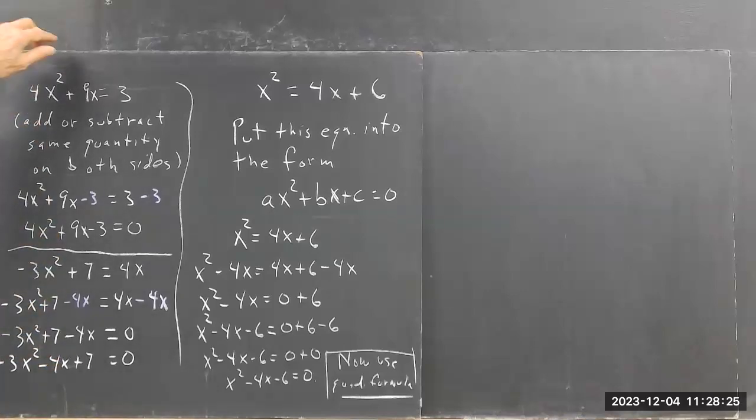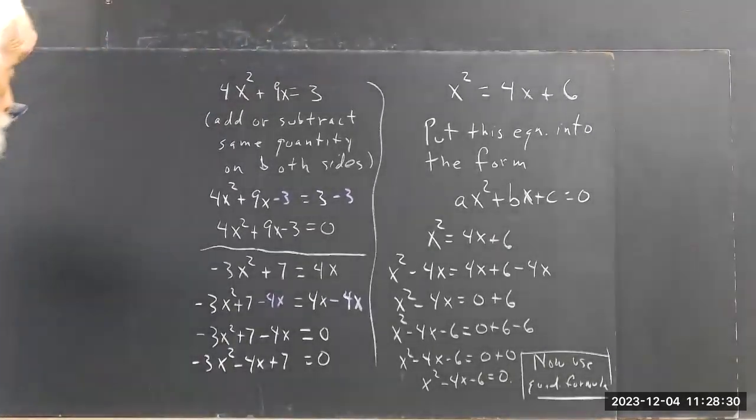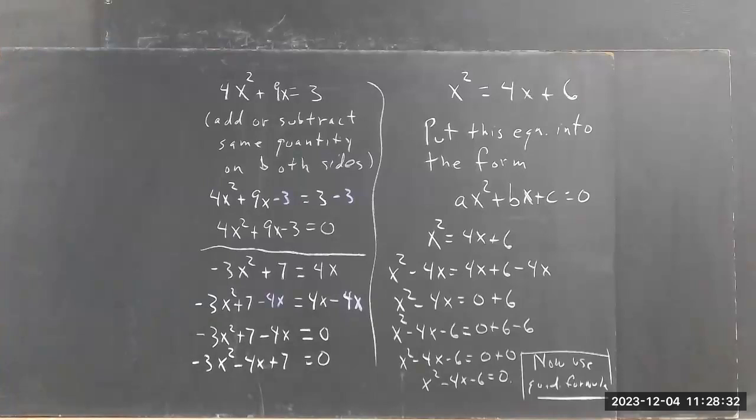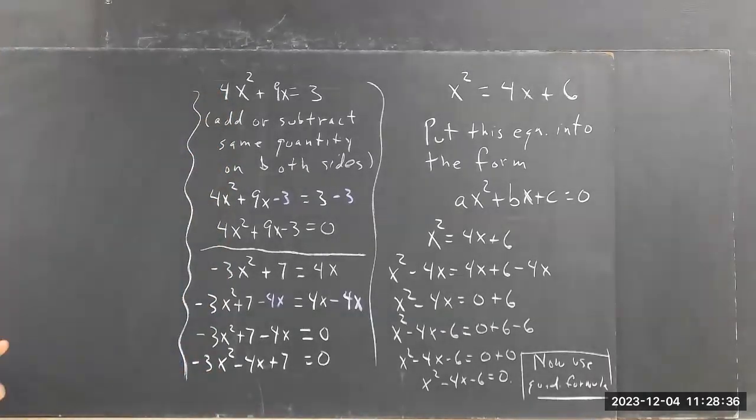Okay, let's do some more of this. Let's make sure we get the gist of this. This is important because these are operations that we can always do to both sides of an equation. And not everybody is getting those operations right, partly because of the format that people are using. I'm not going to address that right now.